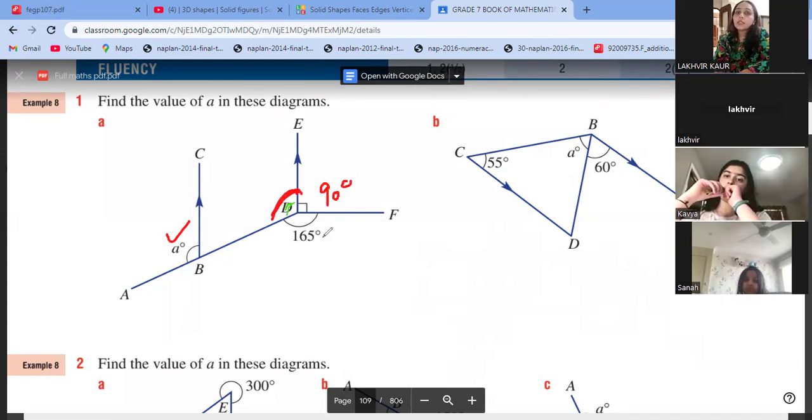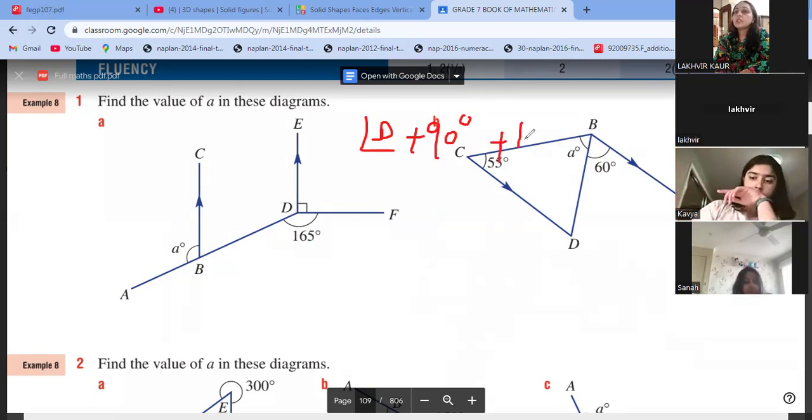This is 90 degree, this is 165 degree, and what is the measure of one complete angle? That is equal to 360 degree, right? So how can you write it down? Angle D plus 90 degree plus 165 is equal to 360 degree. They are forming one complete angle.